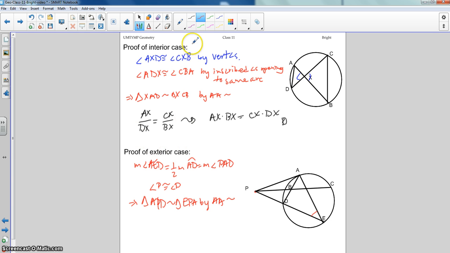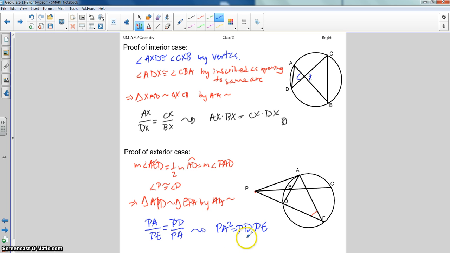And then again, I'm going to set up that side ratio. So PA over PE is equal to PD over PA. And then from here, this leads to PA squared is equal to PD times PE.